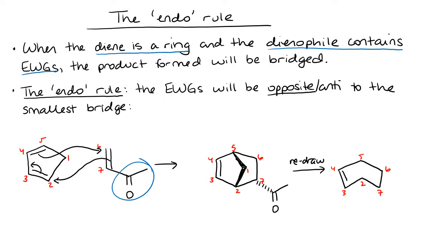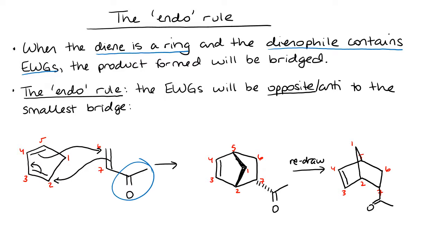Now we have our double bond here. And then carbon 1 is going to be a bridge that's coming up above the molecule. And our electron withdrawing group, which is our ketone, is coming down.